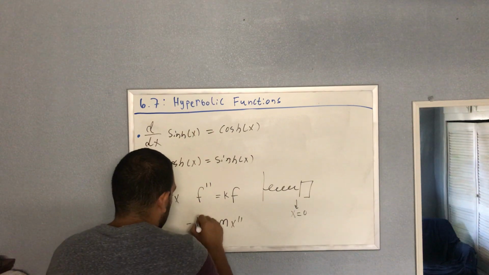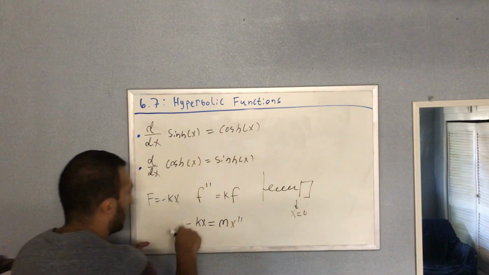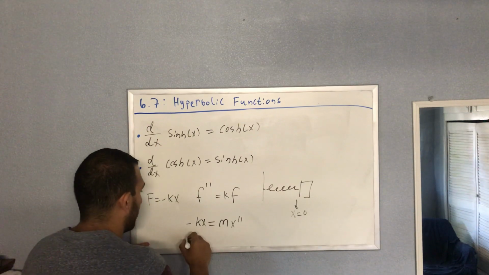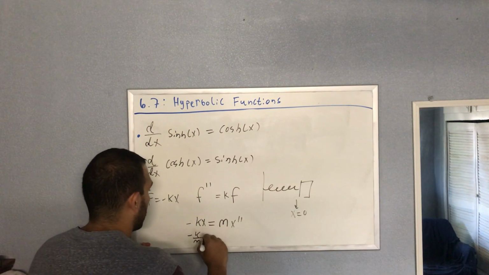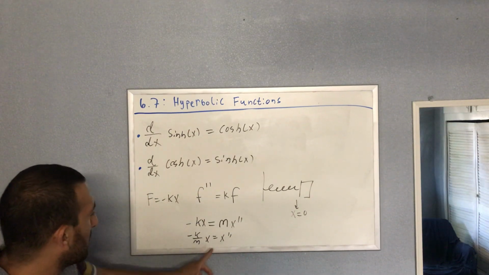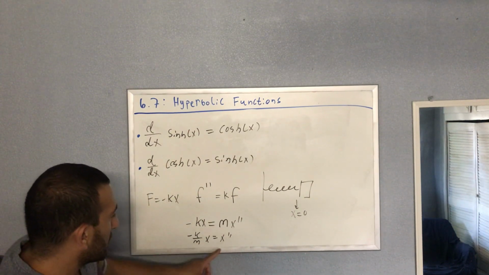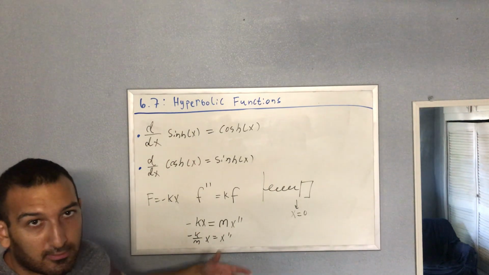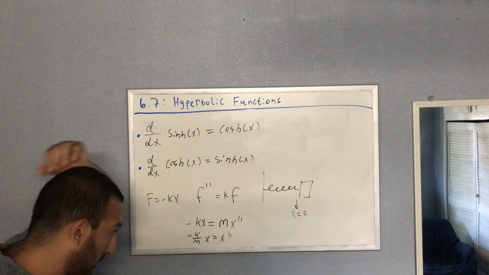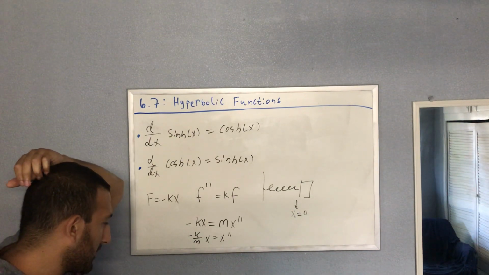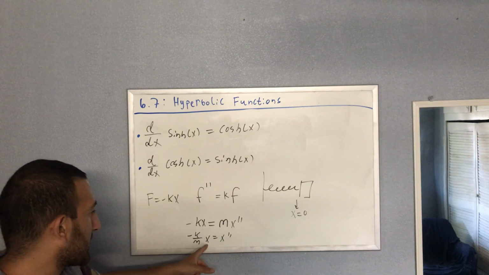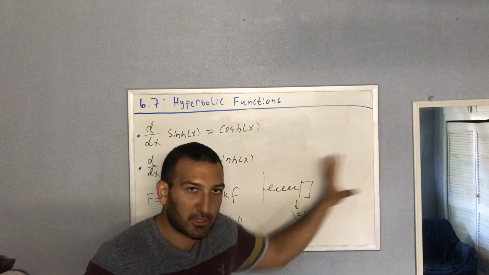But notice that this tells you, since this is a force and F equals ma, look, if you divide by m, you get negative k over m x equals x double prime. So the answer to this equation here is what function satisfies this. And you know, if you know the function x, you would know the motion of the spring.